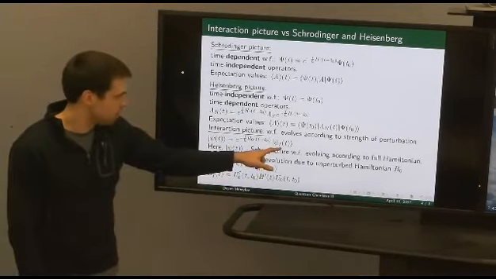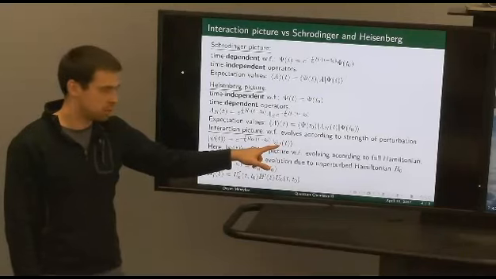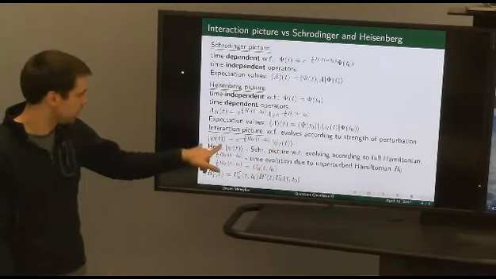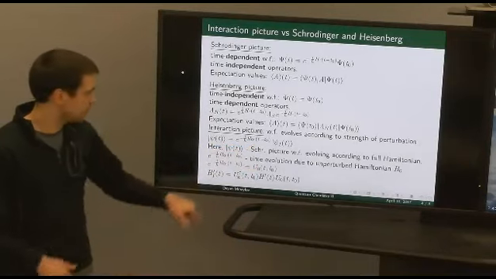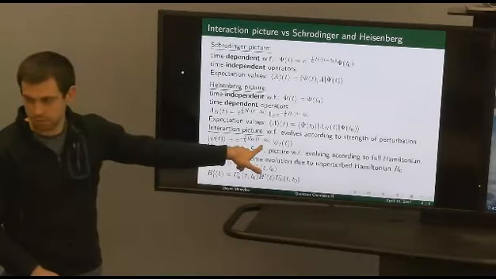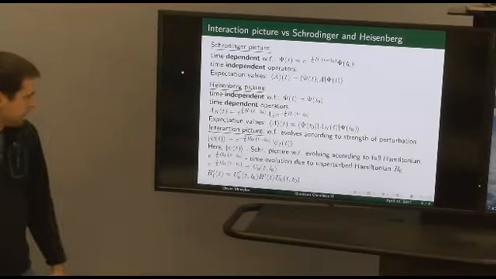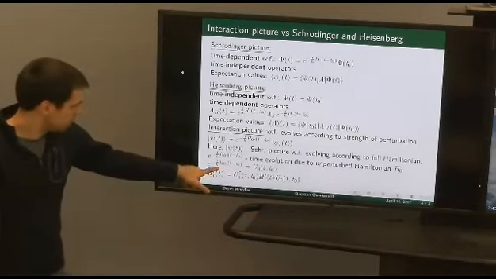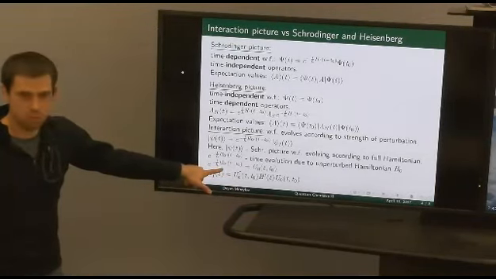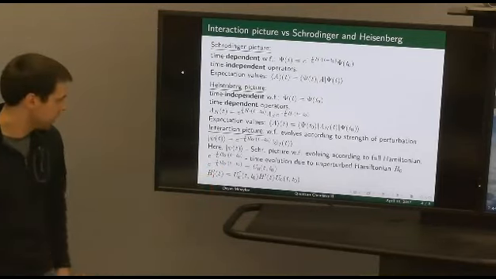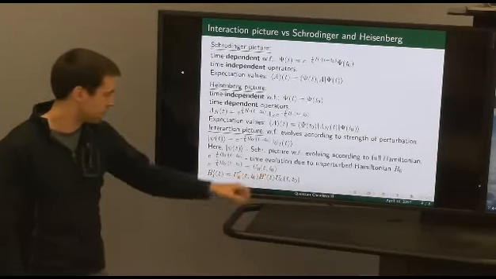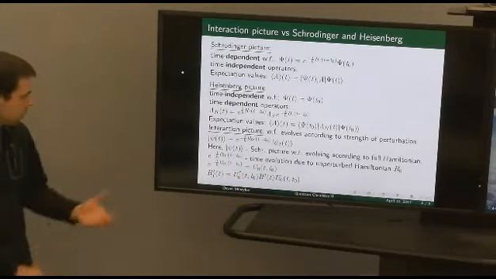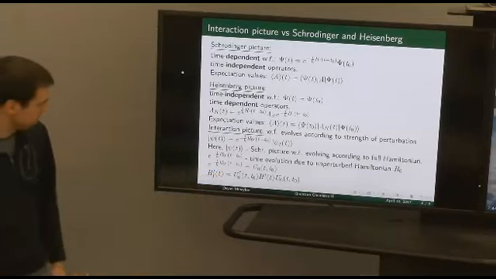So this wave function is kind of a measure of the difference between the full Hamiltonian, which includes the free and the interaction, and the free Hamiltonian. So this is a very useful quantity because it's known, the unperturbed Hamiltonian, and this is the time evolution. U0 is the time evolution according to the unperturbed Hamiltonian.